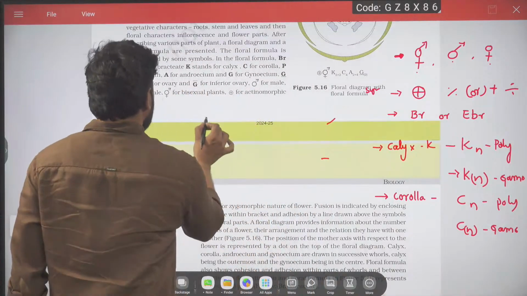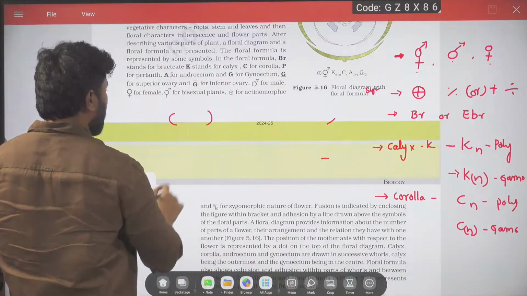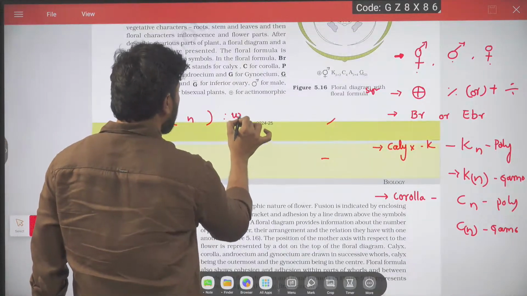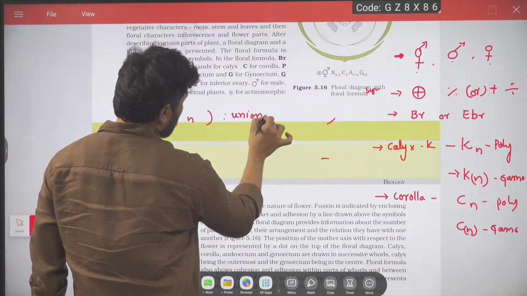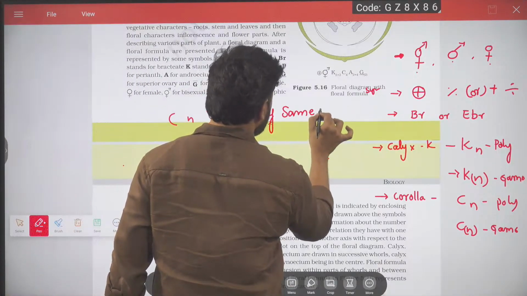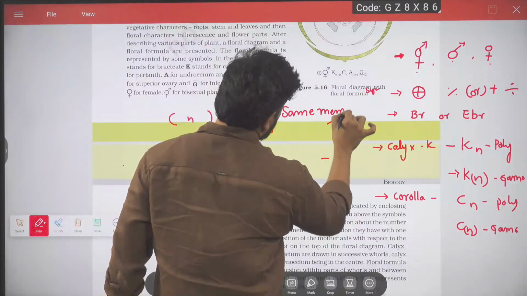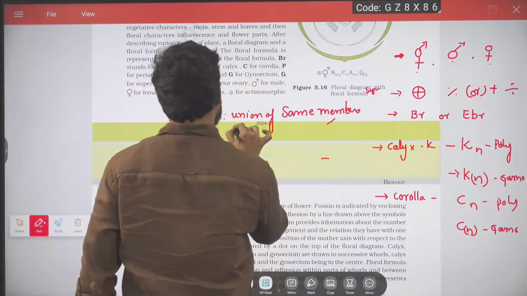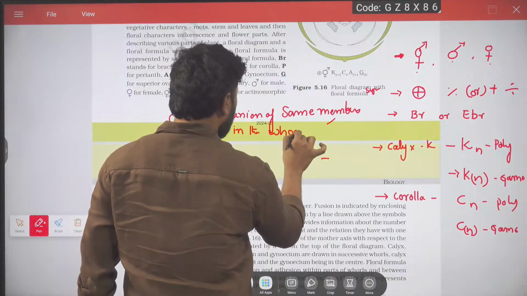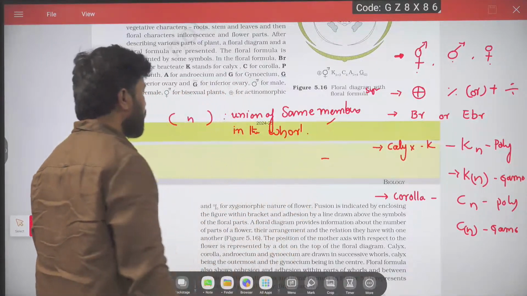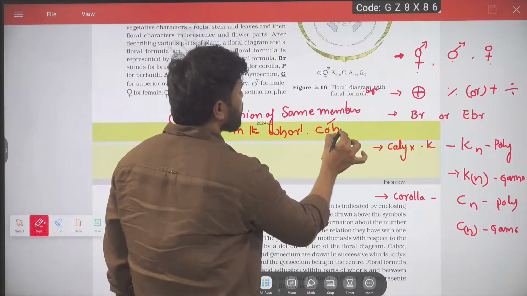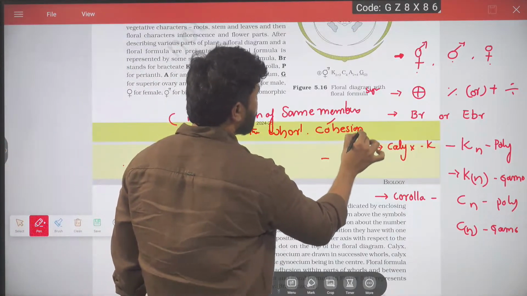Imagine, parenthesis indicate union of same members in the whole. If you unite same members in the whole, this phenomenon is commonly called cohesion. Do you remember?